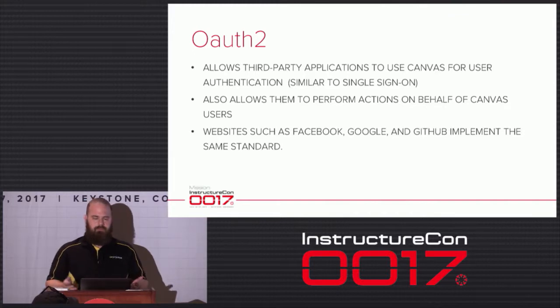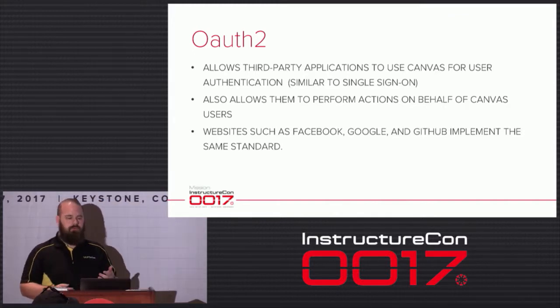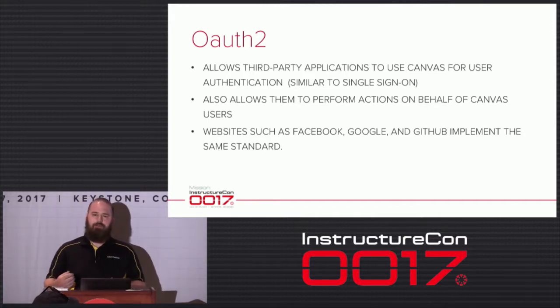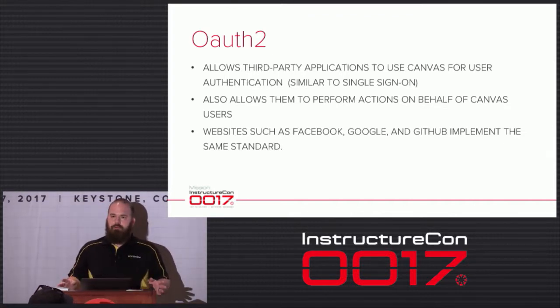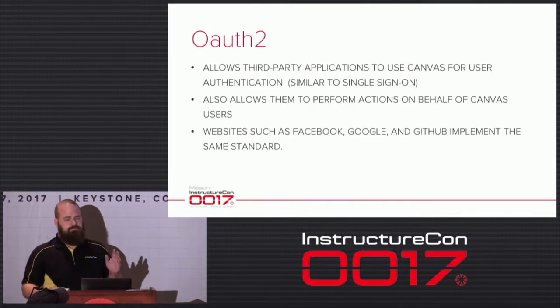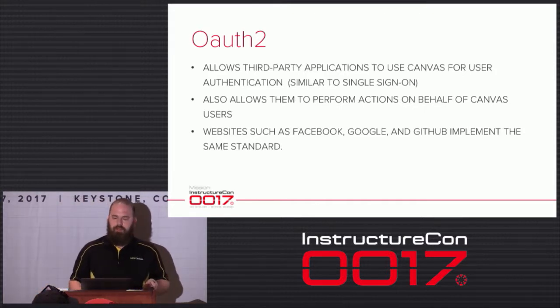It's not the same, but a similar idea. It also allows that third-party application to perform actions on behalf of the current user. Websites like Facebook, Google, GitHub, and many others use this standard. And they use it in a different way, and I'll get to that in just a little bit.